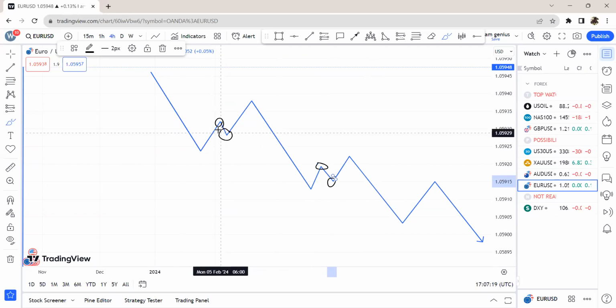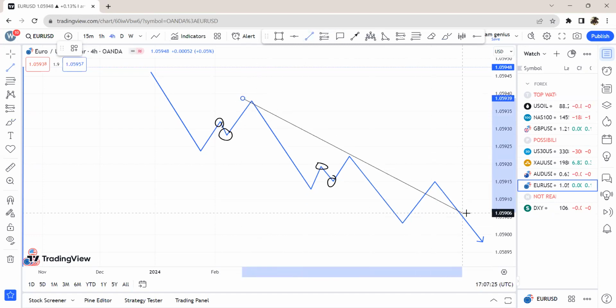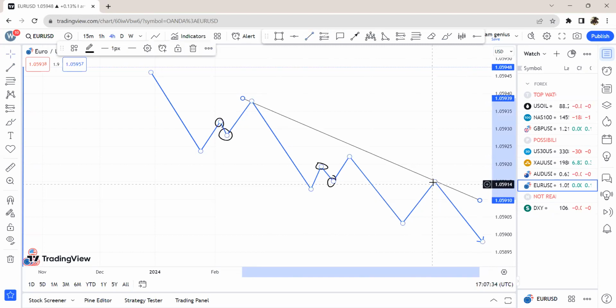When drawing your trend line, you only focus on the most obvious levels, like those big ones. For instance, in this case, I only pick this and that one. This one can be ignored.